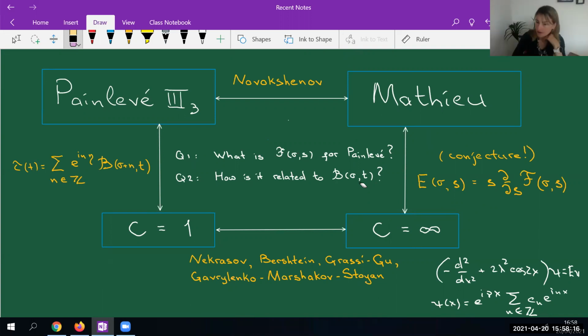It looks like some sort of duality, which you see, for example, in Painlevé. I don't remember now this example for Painlevé 3, but for Painlevé 5, we have a duality between quantum dual Hahn polynomials and quantum q-Jacobi polynomials.